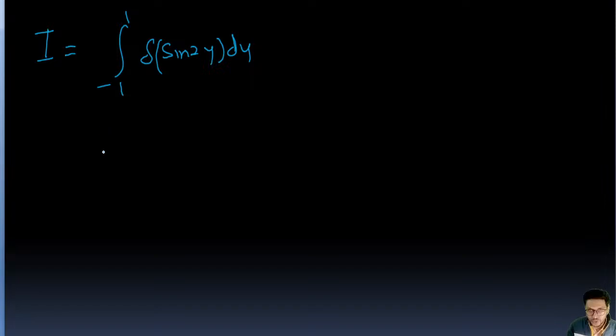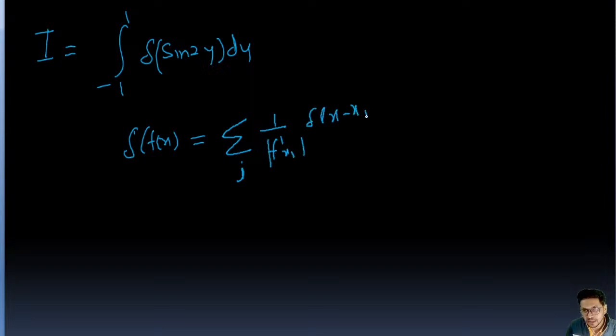Property 18 is: the Dirac delta of any function del fx is going to be the sum over i of 1 upon mod f dash xi, del x minus xi. Okay, very important property. So we'll use it here.